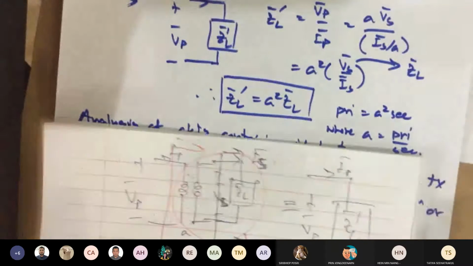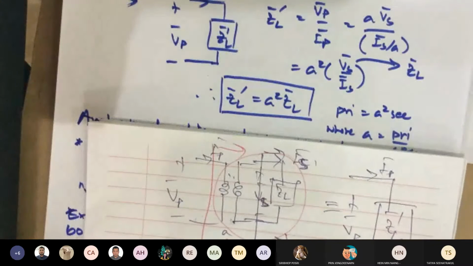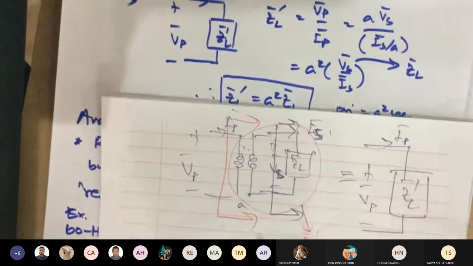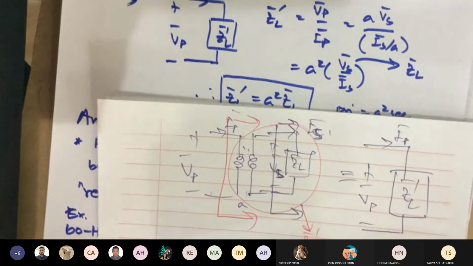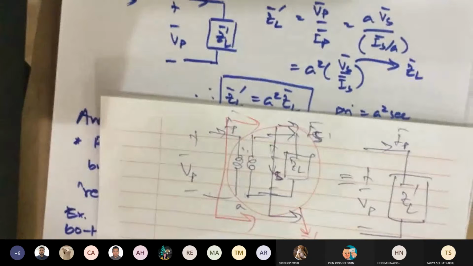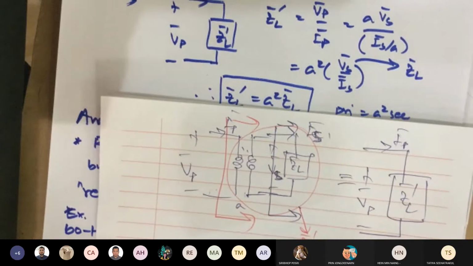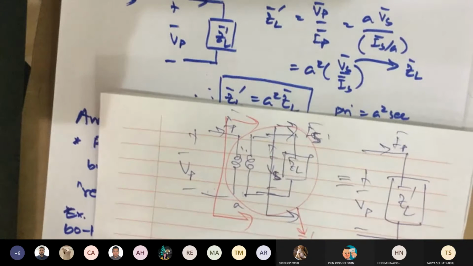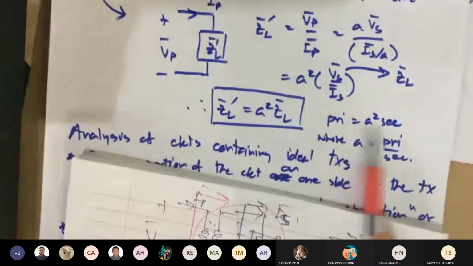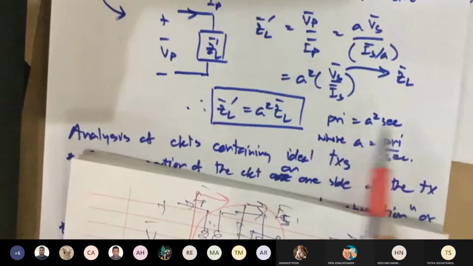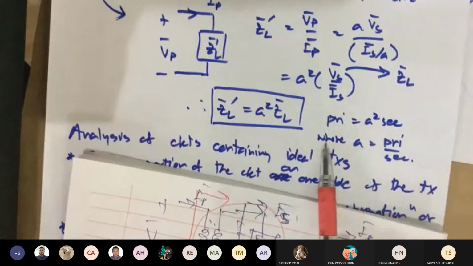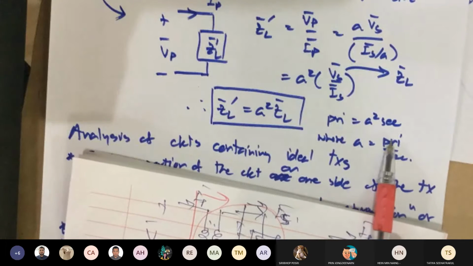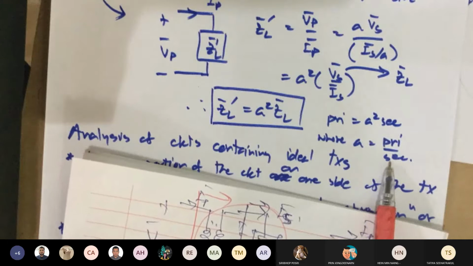This means what? This means that my impedance referred to the primary, I'm just going to call it primary for short, is equal to A squared times the refer to the secondary. See, primary is A squared, secondary, where A is the ratio of the primary turns divided by the secondary turns.